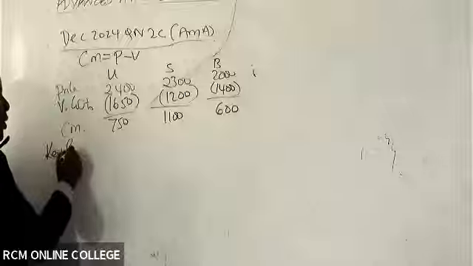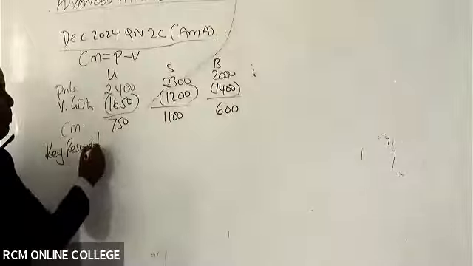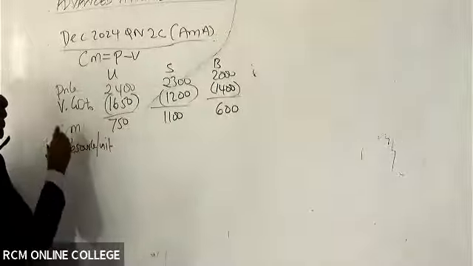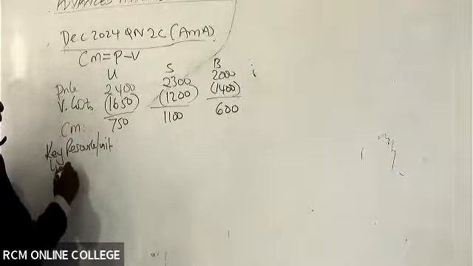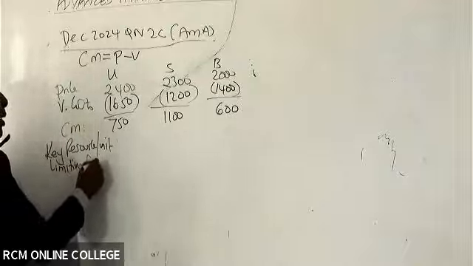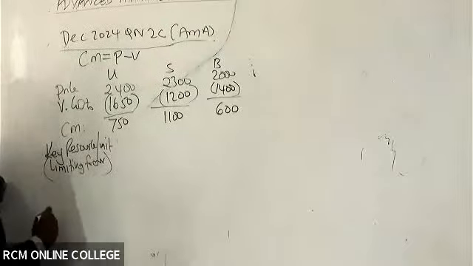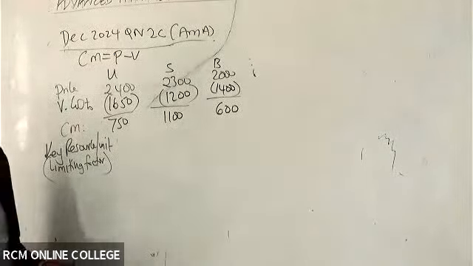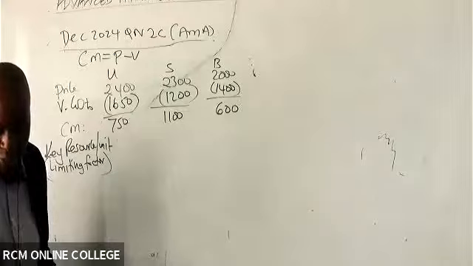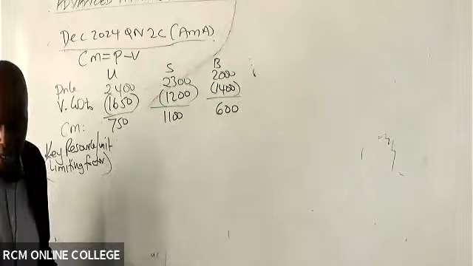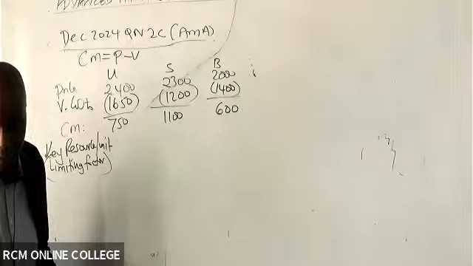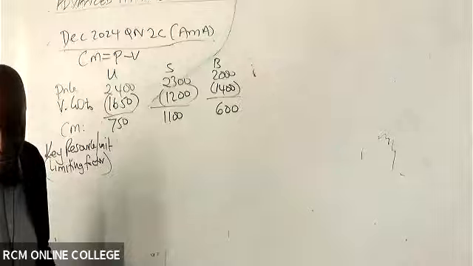The key resource per unit. This key resource is the key limiting factor. So in this question, have they given me a key limiting factor?